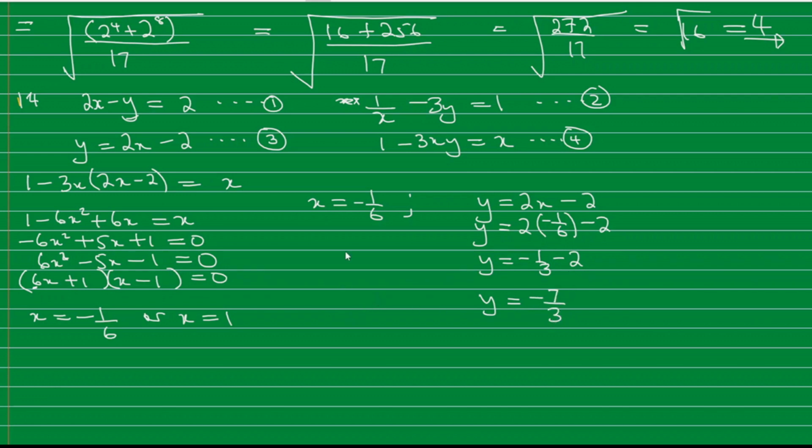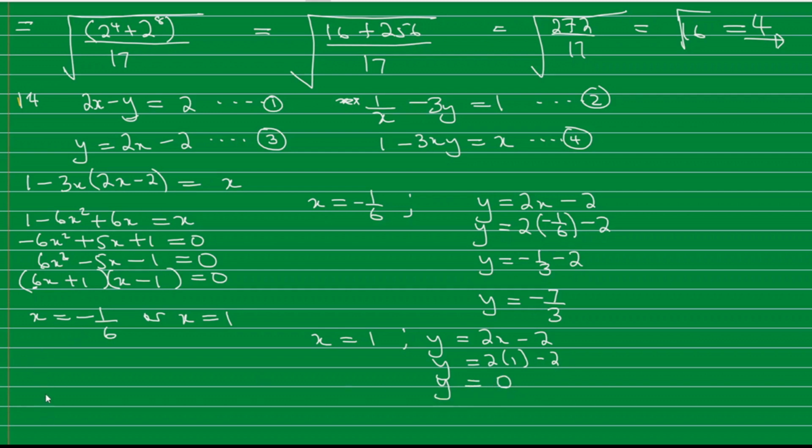Okay, and then we are also going to do the same with 1. So when x is 1, our y again is 2x minus 2. So substitute 1 in here. Our y will be equal to 2 into 1 minus 2. So our y is 0.